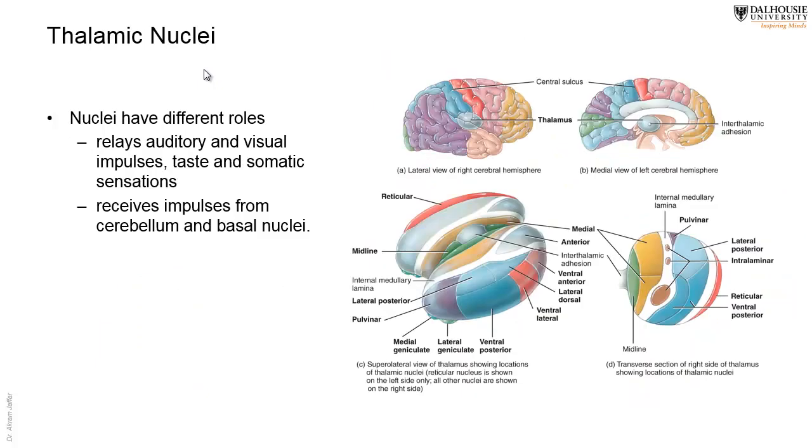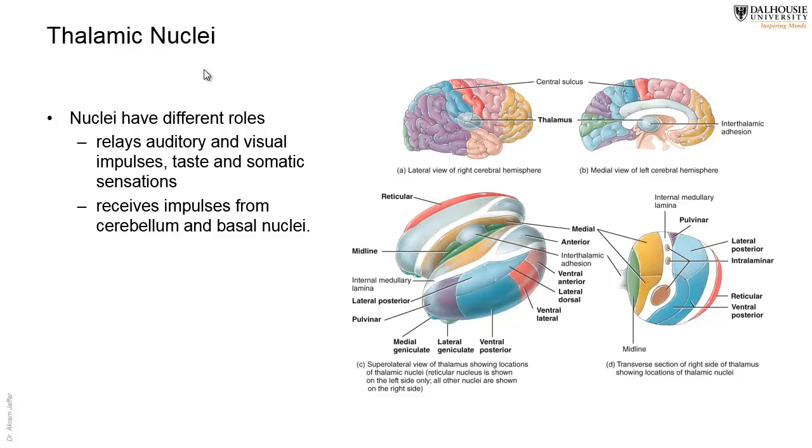The thalamus again contains nuclei. Again, reminding you, these are not nuclei of a cell. They are a collection of nerve cell bodies that have specific function. Actually, the thalamus is considered a hub for sensory pathways.